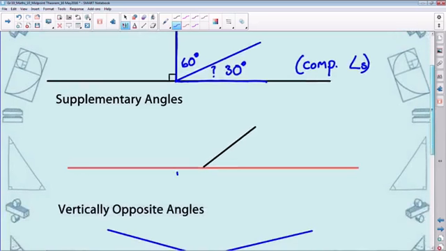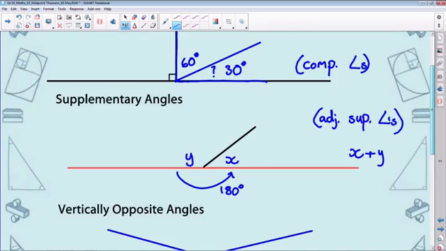Now, supplementary angles are angles that add up to 180 degrees. They don't necessarily have to be on the same straight line, but we do see them a lot on the straight line. So we refer to that as adjacent, meaning next to, and supplementary angles. Basically they're saying, whatever this is, when we add it to this, we're going to get 180 degrees.